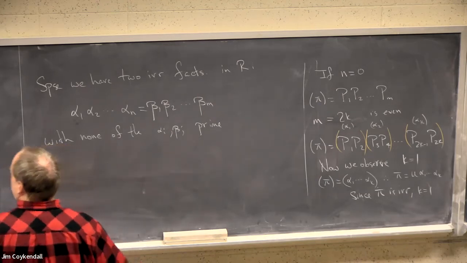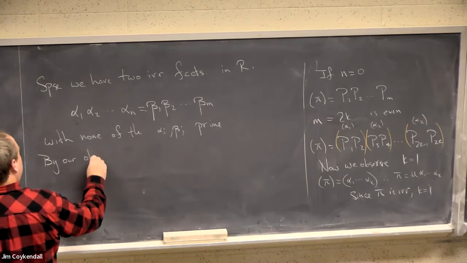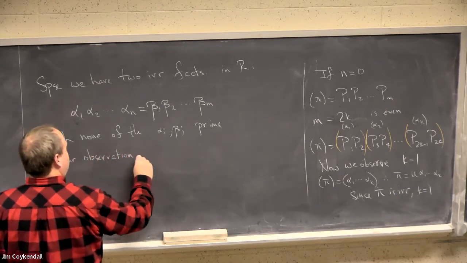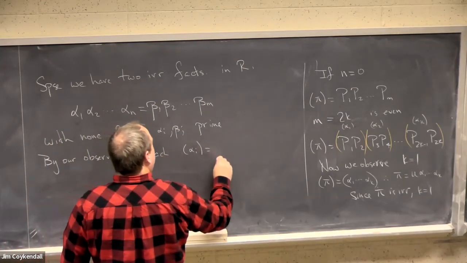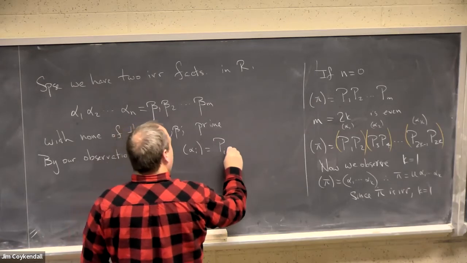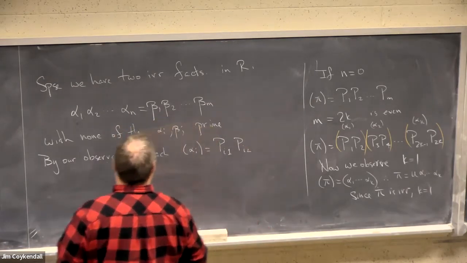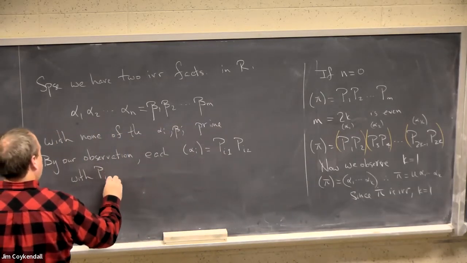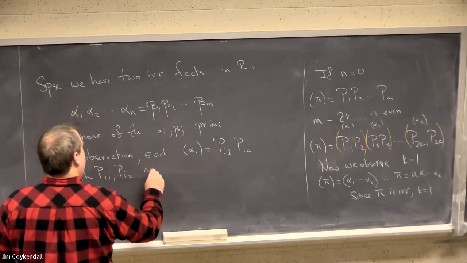Notice by our observation, each alpha i is pi i1, pi i2. Here, pi i1, pi i2 are non-principal primes.